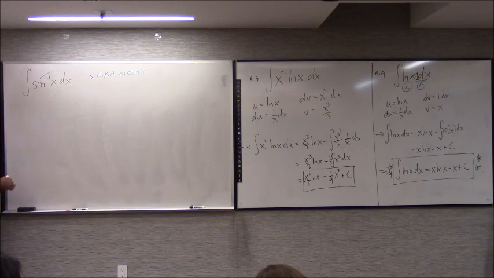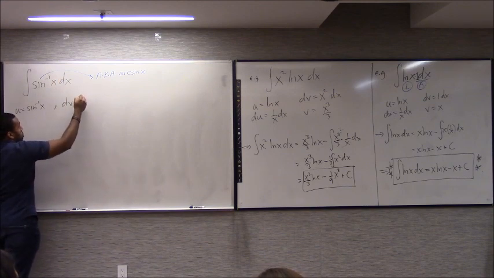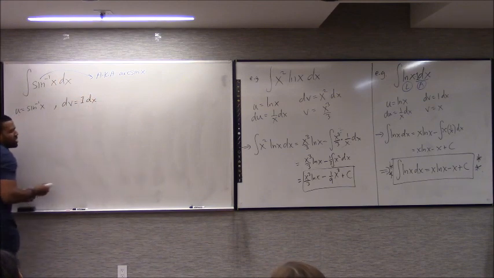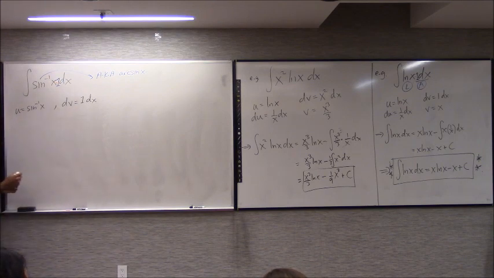So u is arc sine, and hence our dv will again be 1 dx. You don't really have to write the 1, though sometimes just writing dx makes you feel uncomfortable.